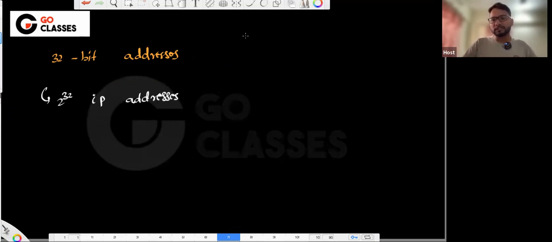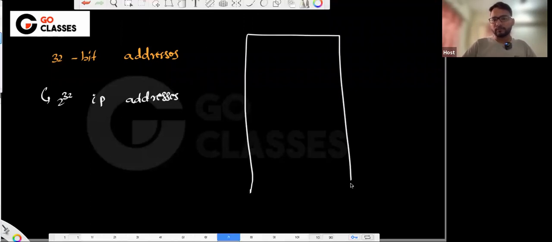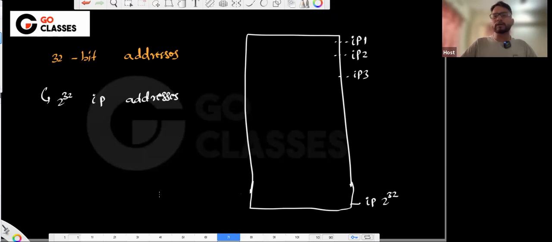Suppose I write all 2 power 32 IP addresses here: IP1, IP2, IP3, and finally IP 2 power 32. Now what we did is divide those 2 power 32 IP addresses into different classes.